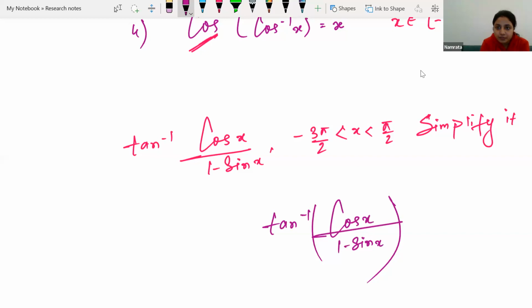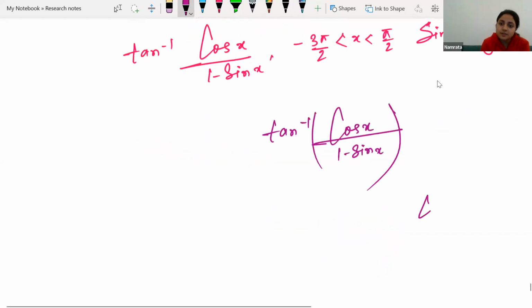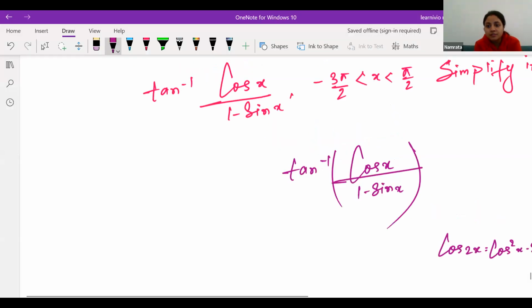We can see the cos 2x formula is cos square x minus sin square x, right? Two more formulas are there. Who will tell me? For cos 2x, we have three formulas. What are those?